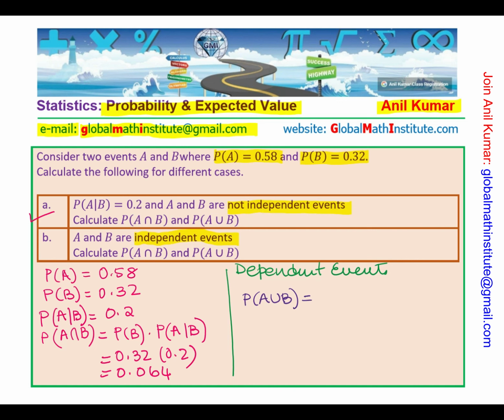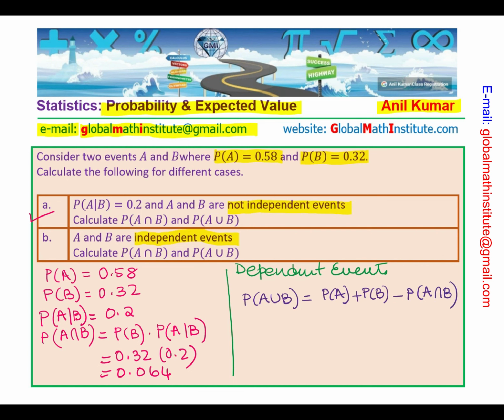So probability of A union B is probability of A plus probability of B minus intersection or probability of A intersection B. So that gives you probability of A is given to us as 0.58 plus 0.32 minus 0.2. Correct? So that should give you the right answer. So you can now calculate this value and write down your answer.